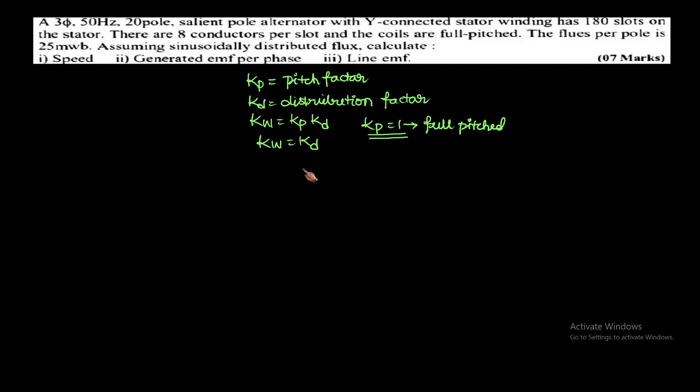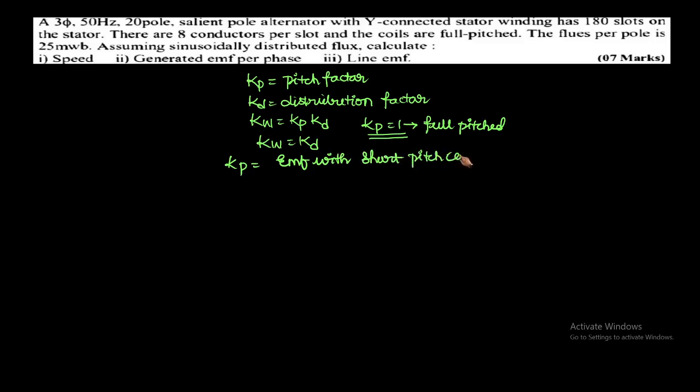That's why I am not considering the derivation of Kp and Kd, but I can give the definitions. Kp is defined as the ratio of EMF with short pitch coil to EMF with full pitch coil. What is the meaning of short pitch?